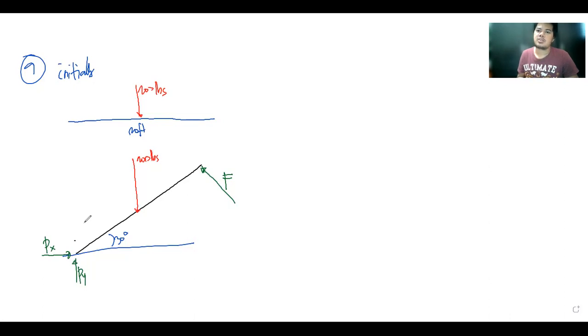Because the forces concentrated at that point will not be considered in calculating the moment, since the moment of a force with respect to the point where it concentrates is zero. So let us say that this would be point A, and when we do summation of moment at point A, that is equal to zero, right?